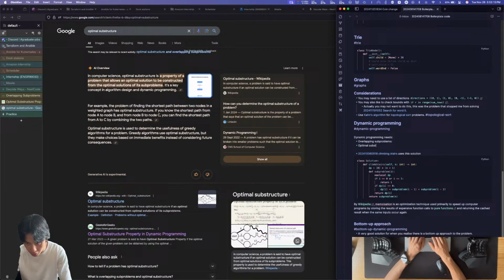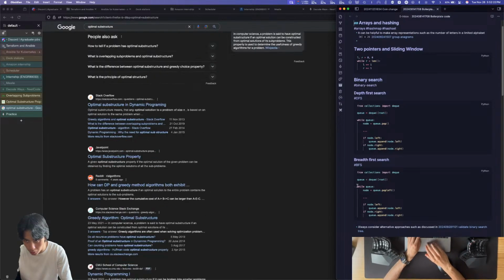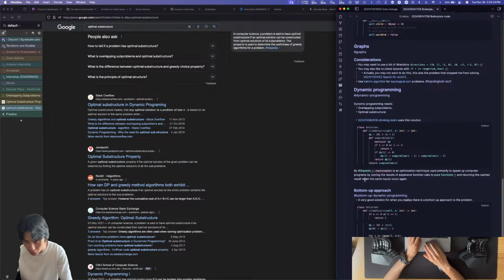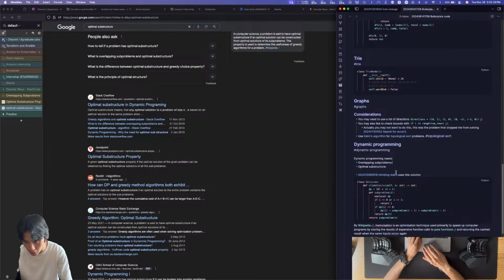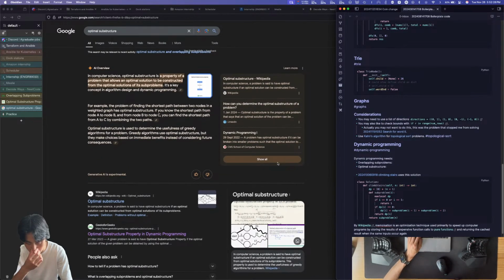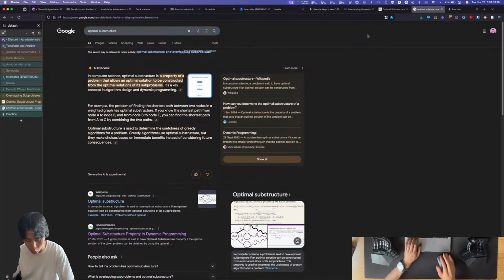Optimal substructure. It was expressed really well when I read this. Overlapping subproblems, I've got to find the exact wording.